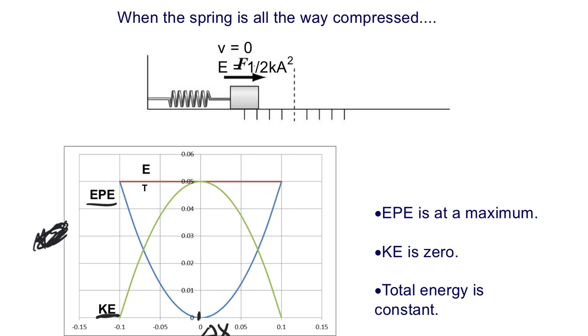Okay, this is only half a cycle because you went from one amplitude to another amplitude, but then you go back. So this one parabola shows half a cycle because we have two amplitudes showing, from negative 0.1 to 0, and then from 0 to 0.1.